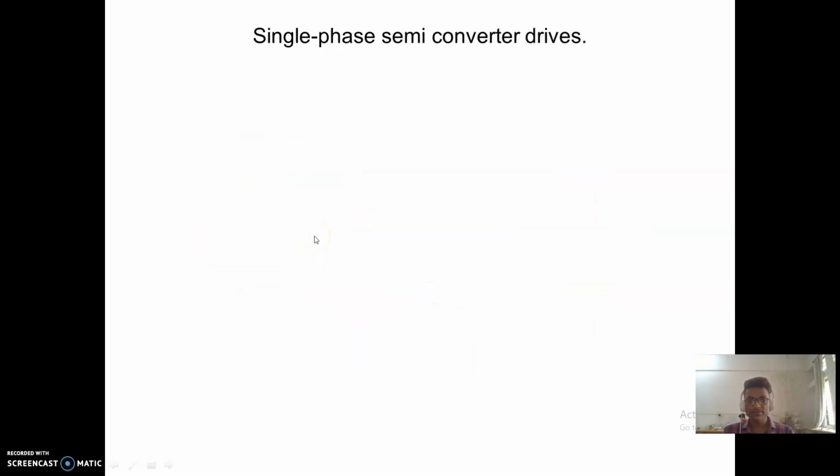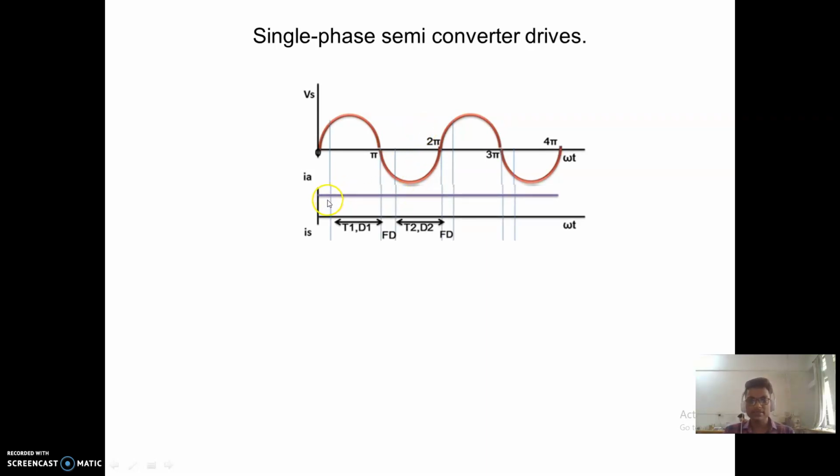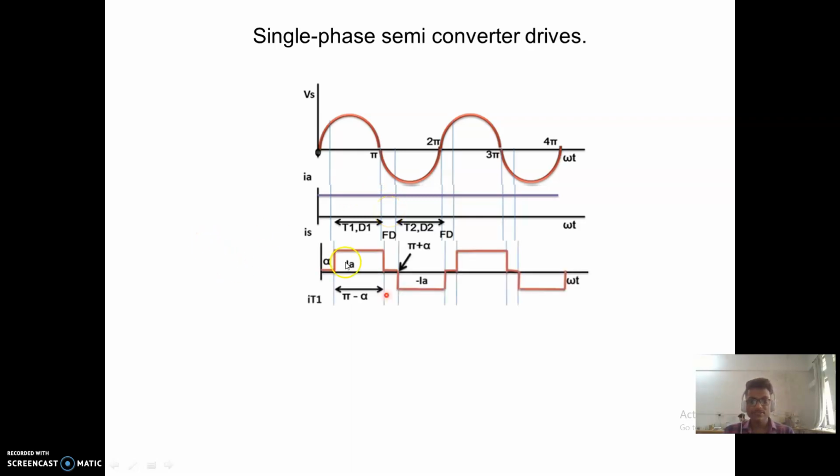Now the output waveforms are: this is our input Vs. We discussed that the output current is continuous, and this is the circuit current, and this is the source current.